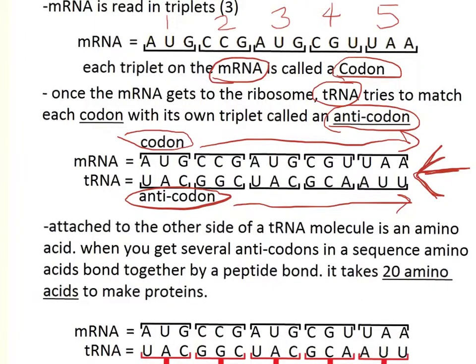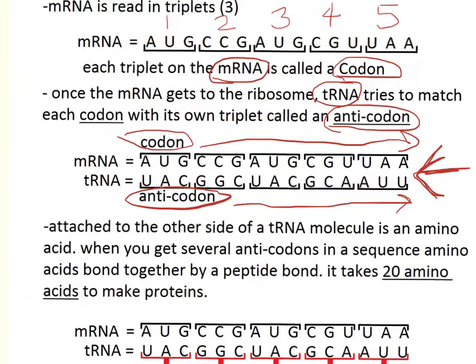Notice, I'm just going to go over the first one. We know that A will pair with U if we're talking about RNA, and vice versa, U is going to pair with A. Now, G and C will always pair with each other as well. So what's going to happen is, you see in this codon AUG, A is pairing with U, U is pairing with A, G is pairing with C. You see how that happened?